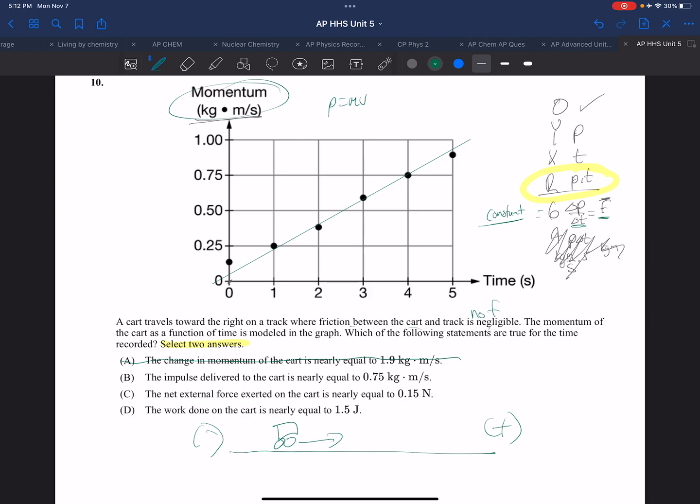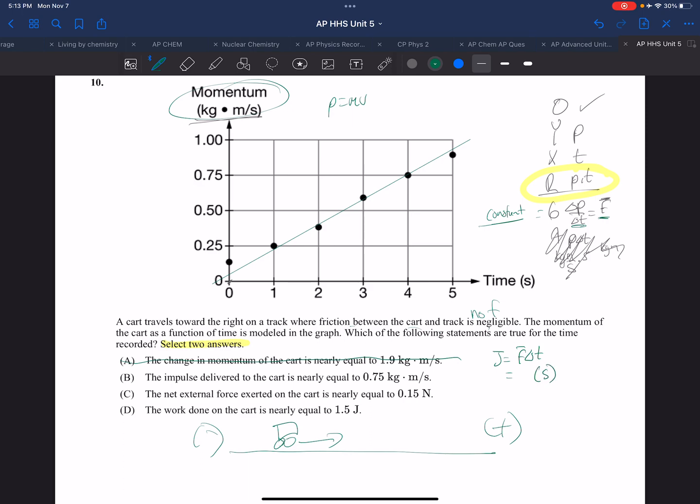The impulse delivered to the car is nearly equal to 0.75 kilogram meters per second. Well, all right, so the impulse J is equal to the average force times the time, and the average force is the slope.